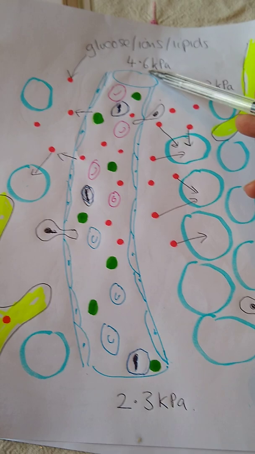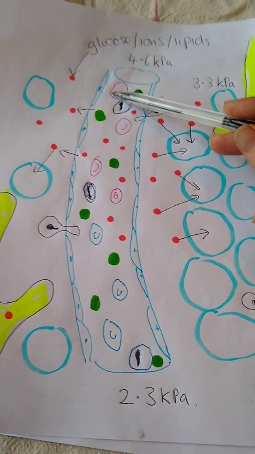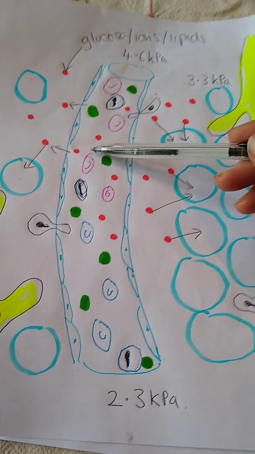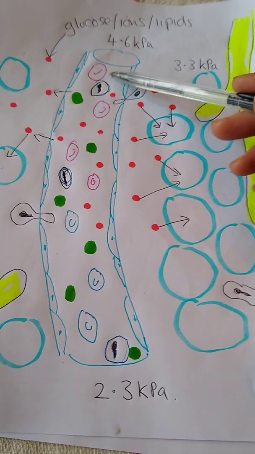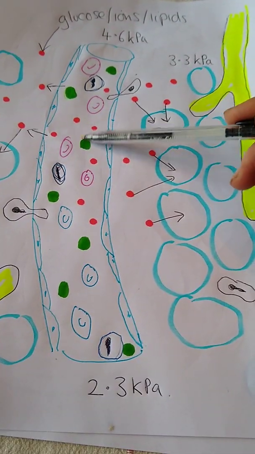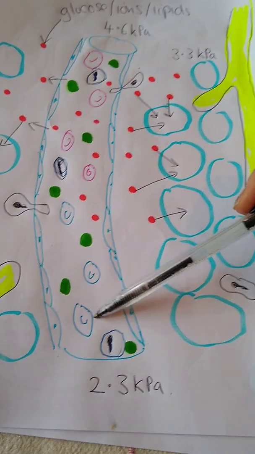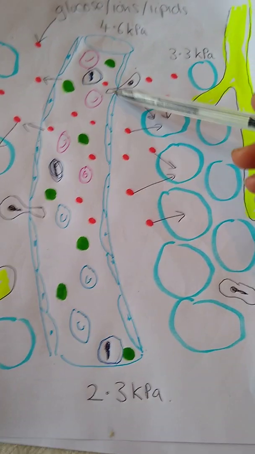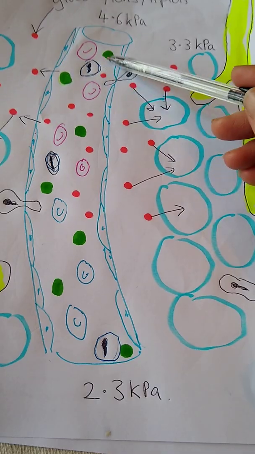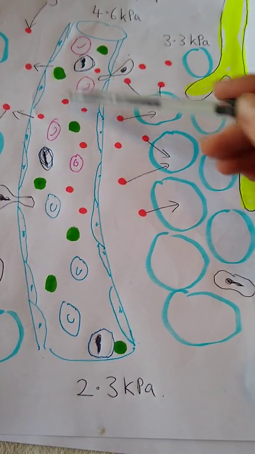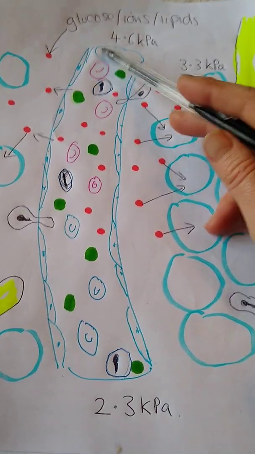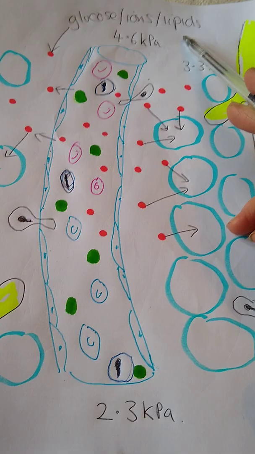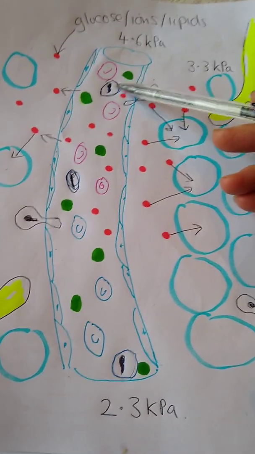So we've got the capillary coming down with oxygenated blood, and that's represented by the red blood cells here, and they're flowing down the capillary and out the other side. There are other things in the blood, such as plasma proteins, and we've got these dots here which represent glucose, ions and lipids. So all of this stuff is coming through.